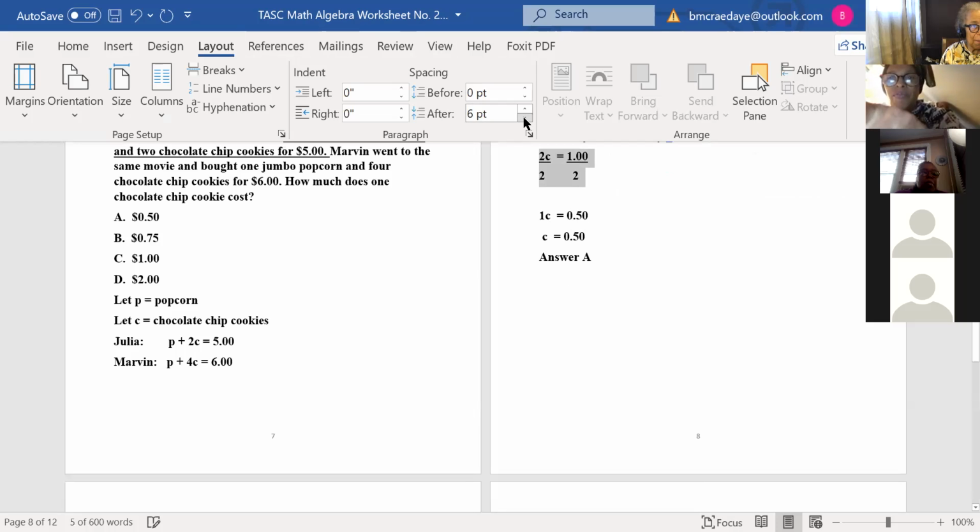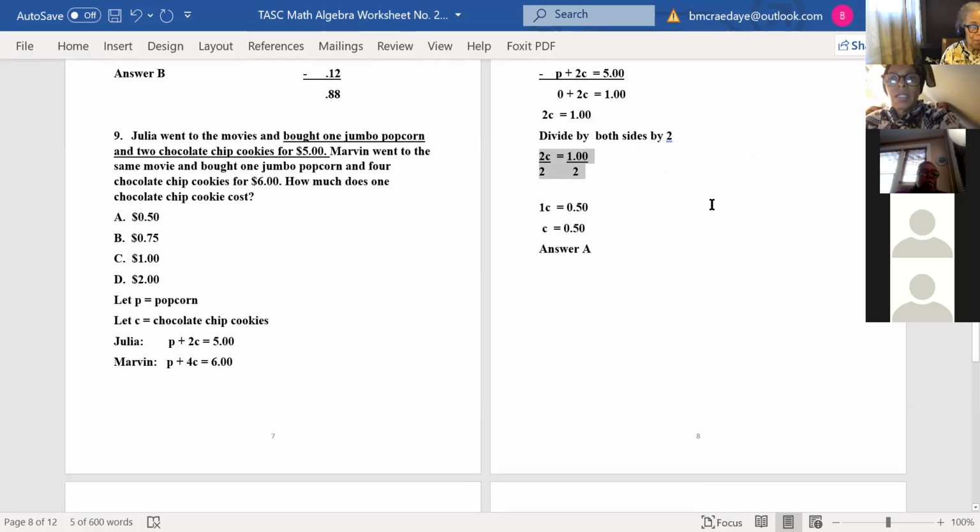Like when I read for Julia, she said she bought one jumbo popcorn and two chocolate chips for $5. I'm thinking the two chocolate chips would be $2, $1 each. That's why I was checking in my head. But it seems like the jumbo popcorn is more money than what I think.